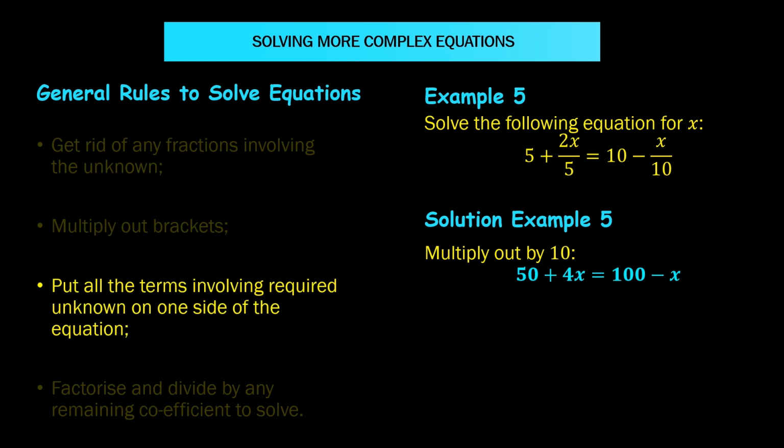Then we put all the terms involving the required unknown on one side of the equation. Clearly, there are x's on both sides. So, if we add x to both sides, we're going to get rid of the x's on the right-hand side. And so we obtain 50 plus 4x plus x equals 100.